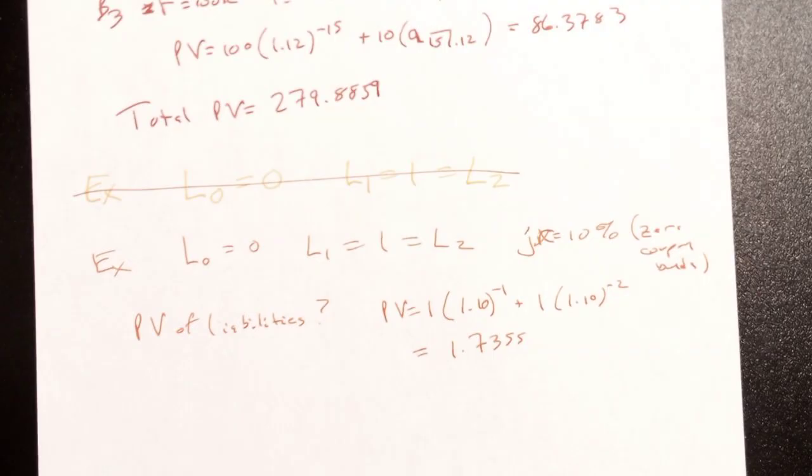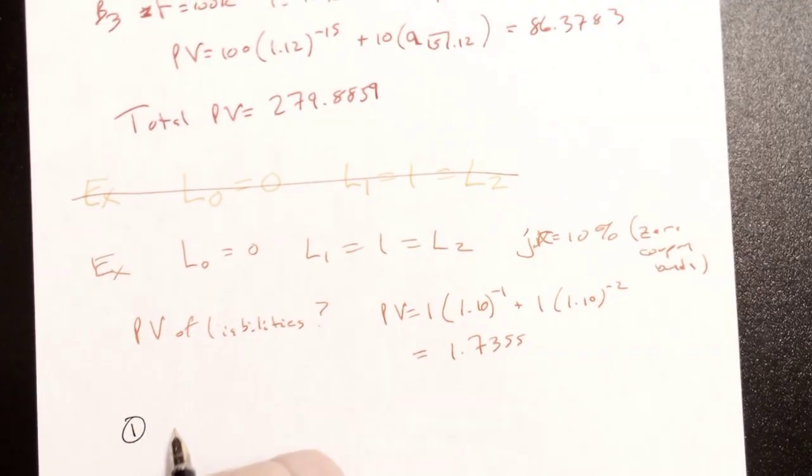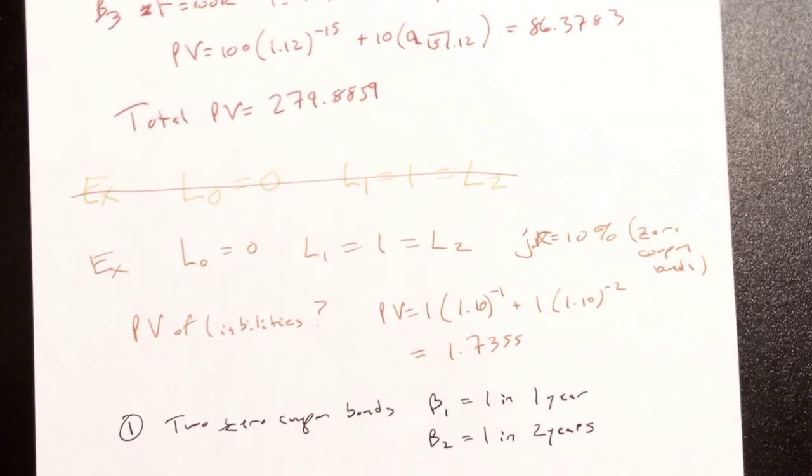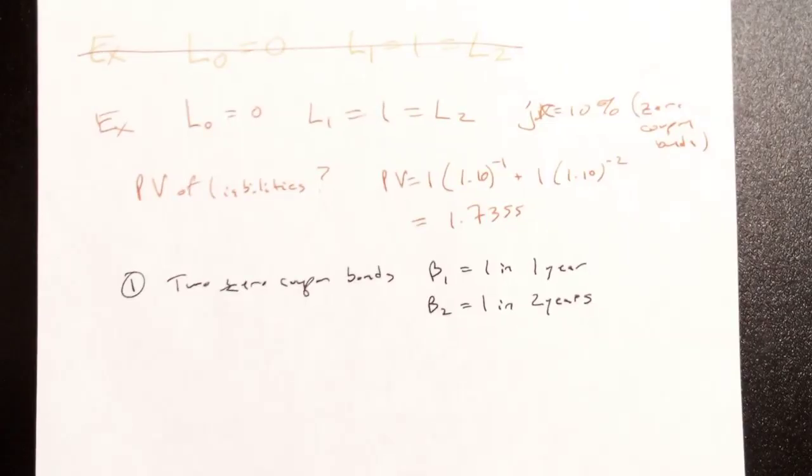Option number 1. I buy a 0 coupon bond worth 1 in 1 year.